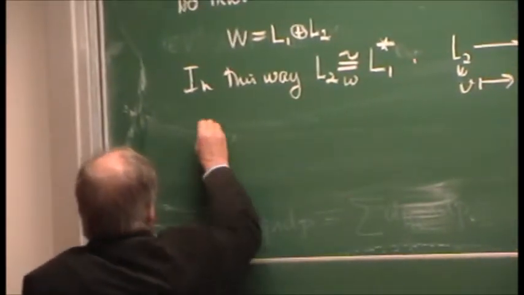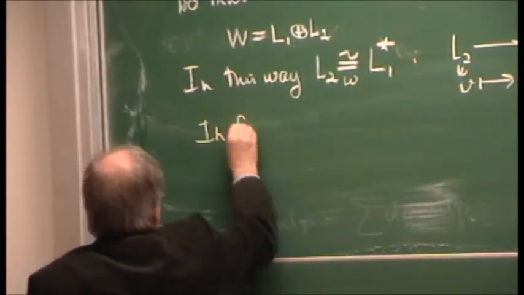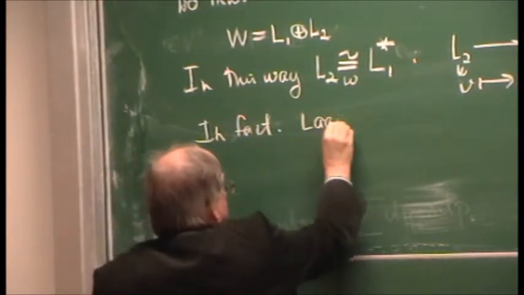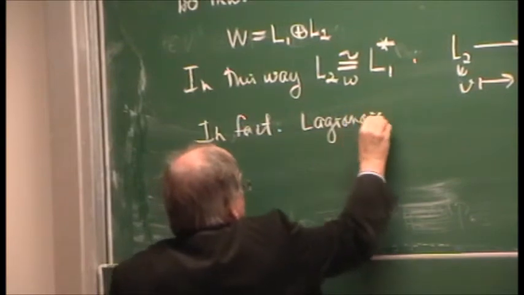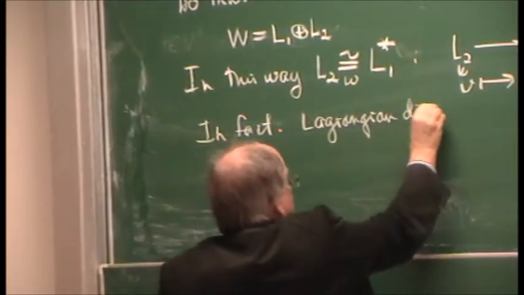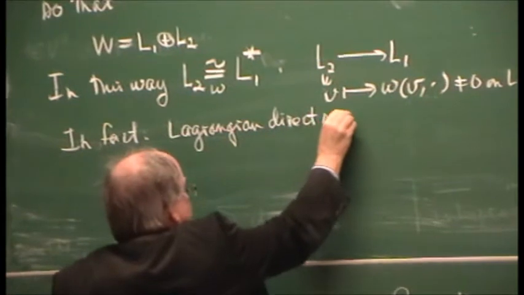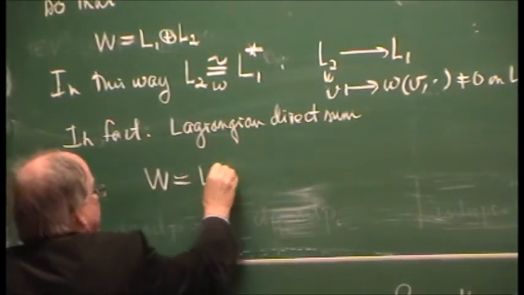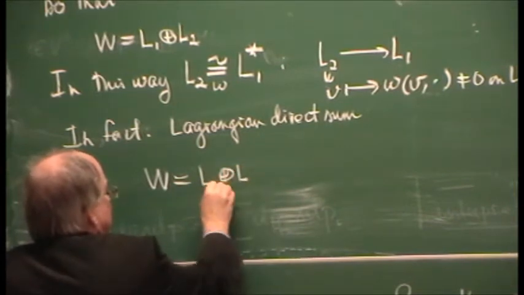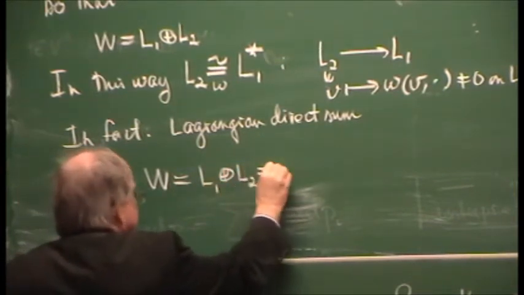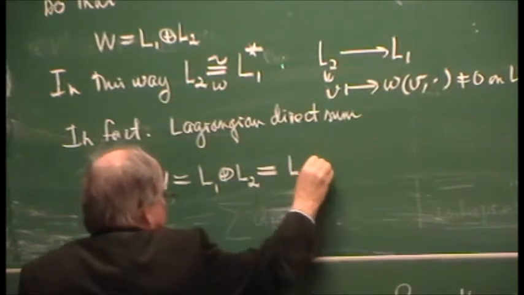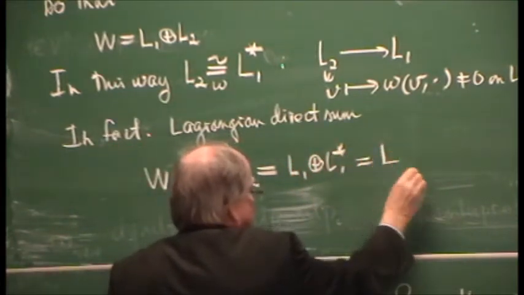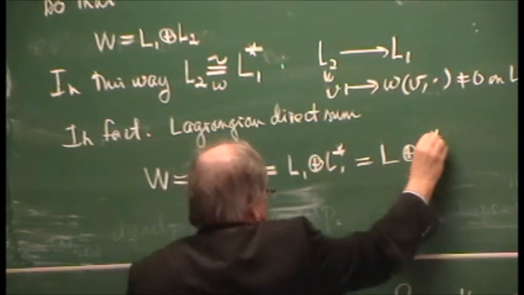So in fact then, a Lagrangian direct sum W equals W1 like this is the same thing as just L1 plus L1 star, or let's just write it without indices, L plus L star.